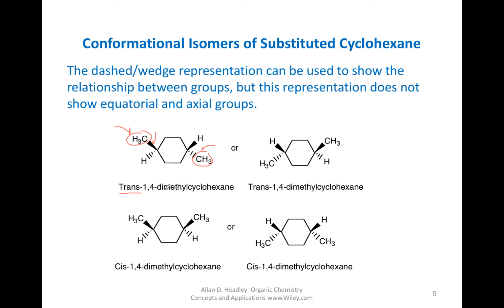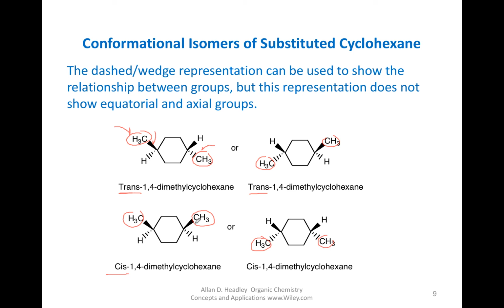So this is 1,4. Same thing here. We can change these 1,4. Same thing here. Cis on the same side, or on the same side using a different representation, the wedge or the dash. However, special attention here. This type of representation, trans and cis, does not tell us if these groups are in the axial or equatorial position.